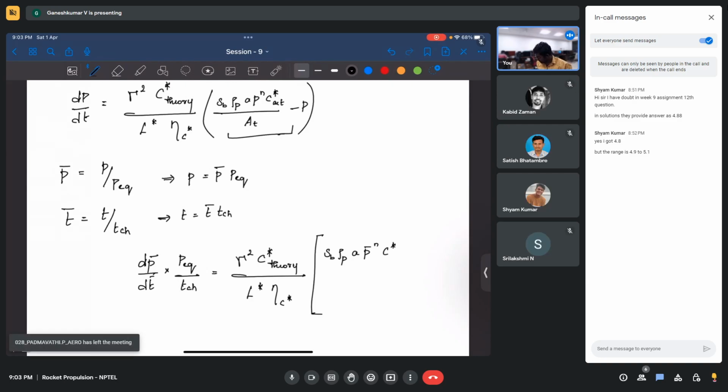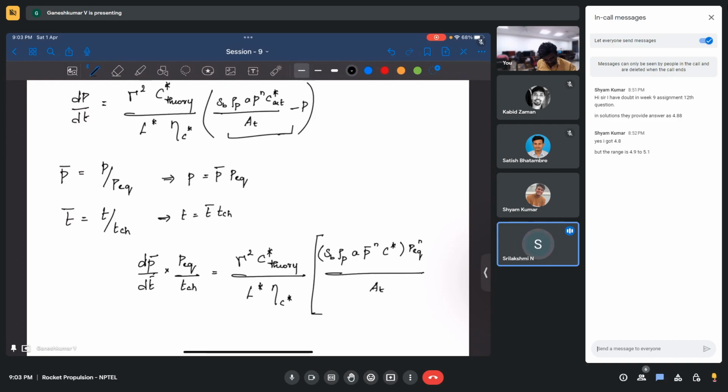How did you replace this? The P to the power n remains as it is, and everything other than that is P equilibrium to the power 1 minus n.